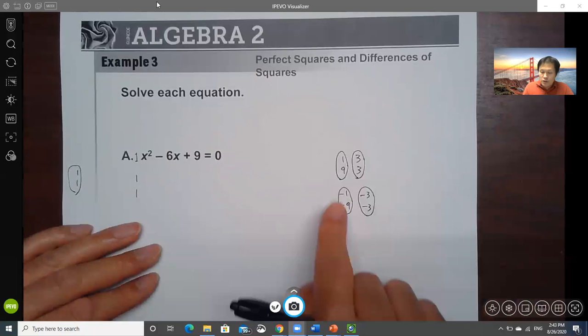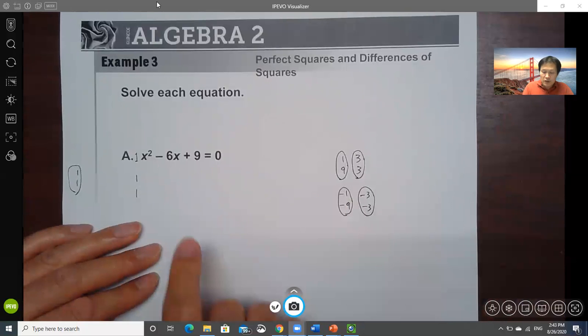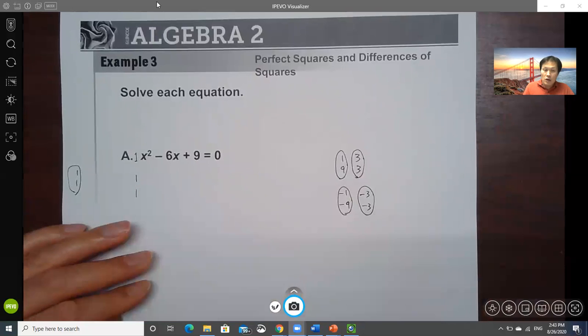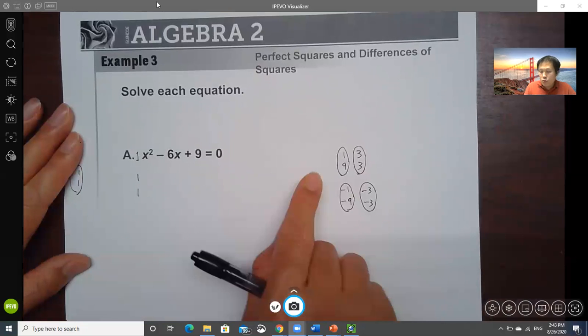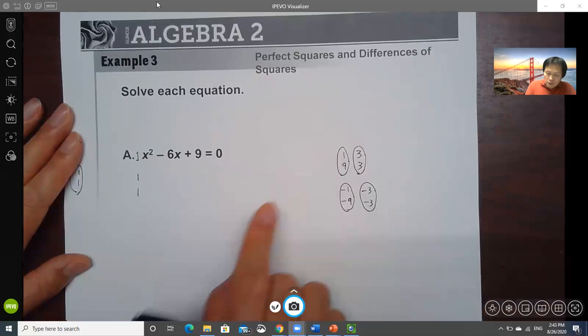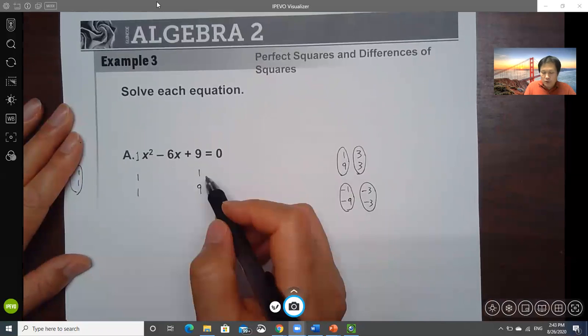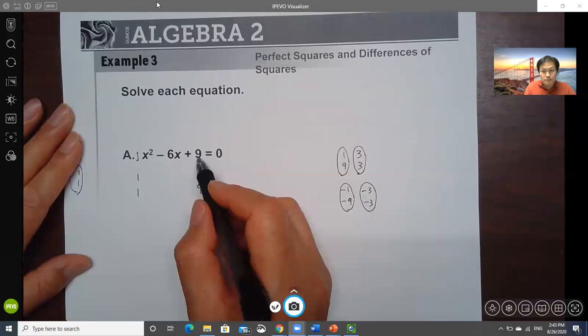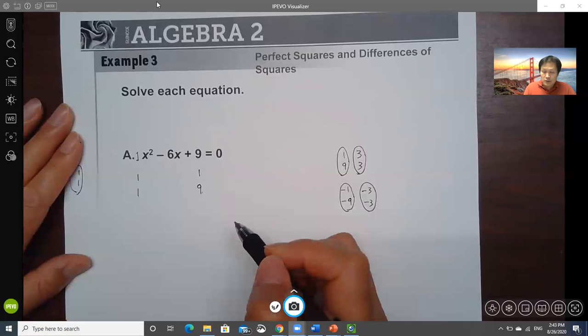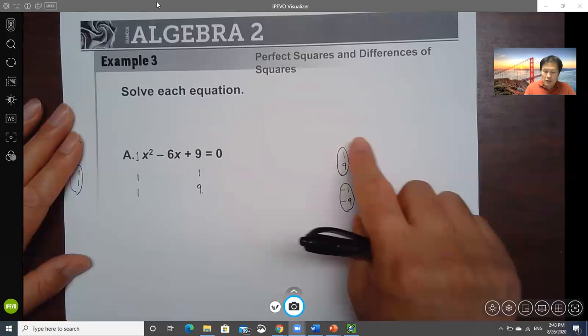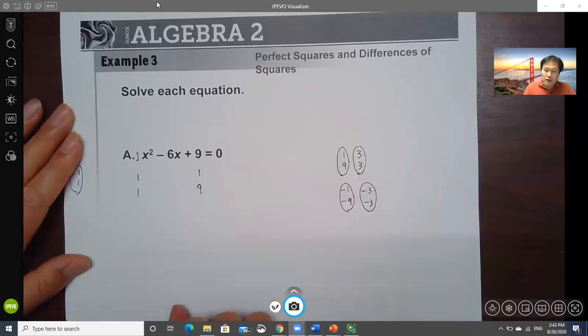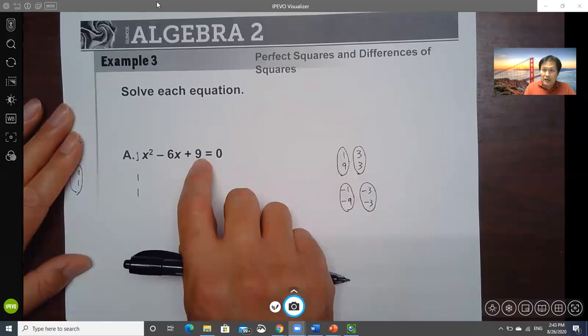You gotta choose one, okay, and just try to make it work. So let me just show you. Let's say you chose 1 and 9. Write down 1 and 9. Multiply those two numbers, it should match this number. That's how we set up, right? So as long as you use this combination, they will always satisfy product to be 9.